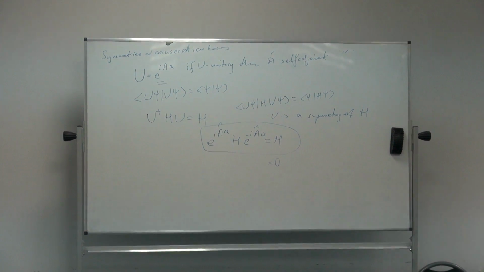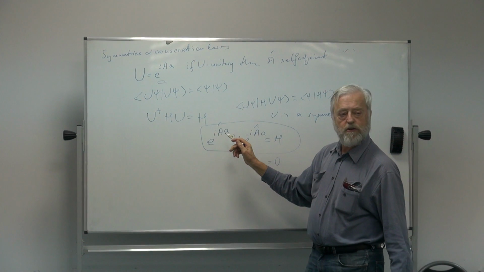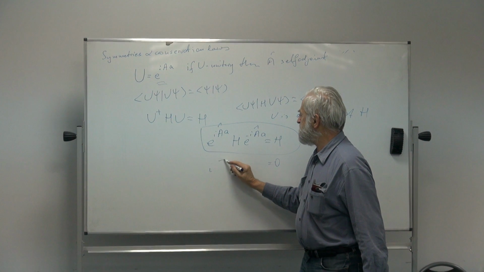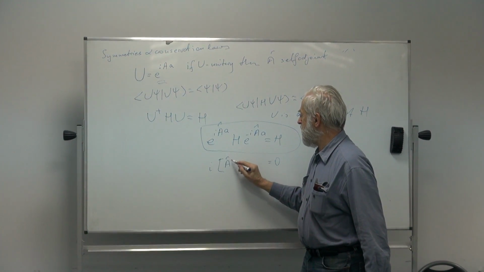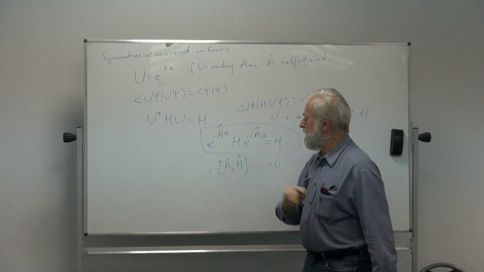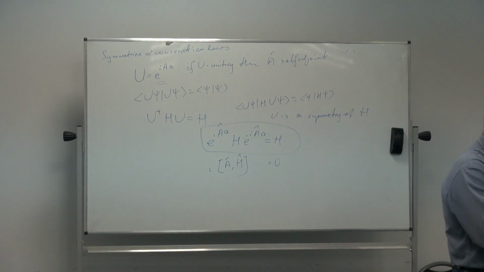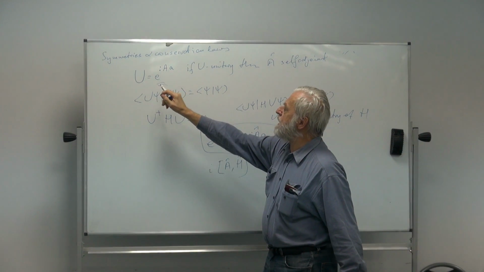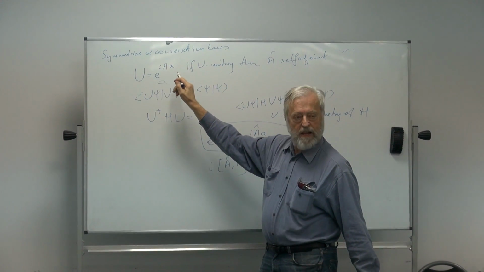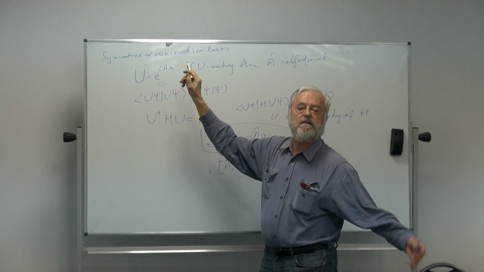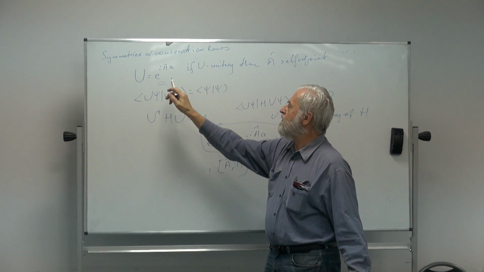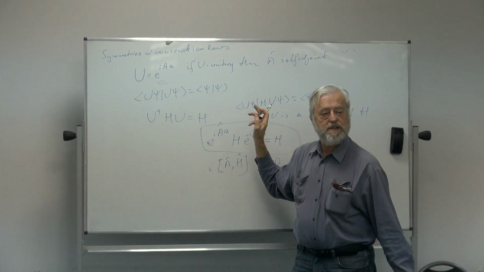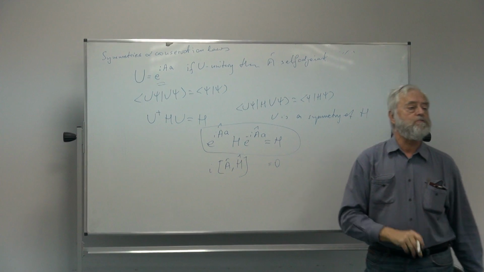And on the left, I'm getting my good friend, the commutator: i times the commutator of A with H. Such an operator A, related like this to the symmetry, is called the generator of this symmetry. So this Hermitian, or self-adjoint, operator, which is a generator of this family of transformations, commutes with the Hamiltonian if this is a symmetry of the Hamiltonian.